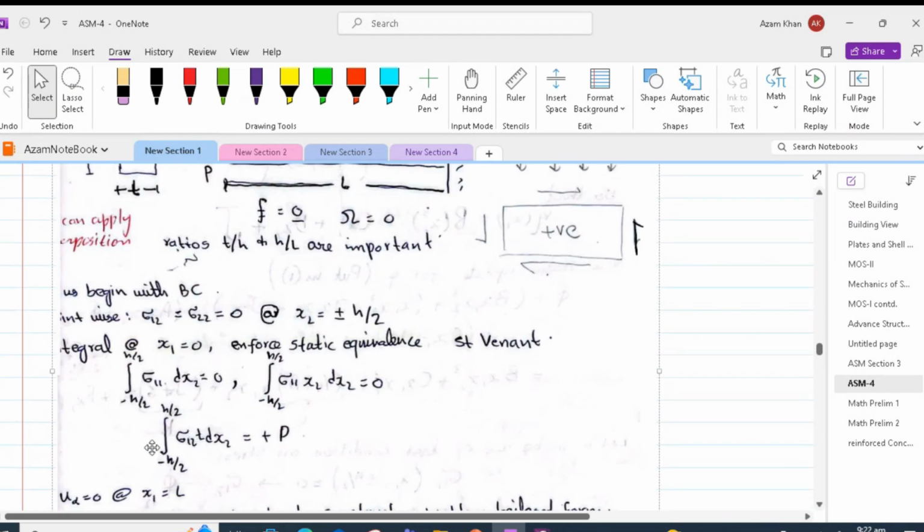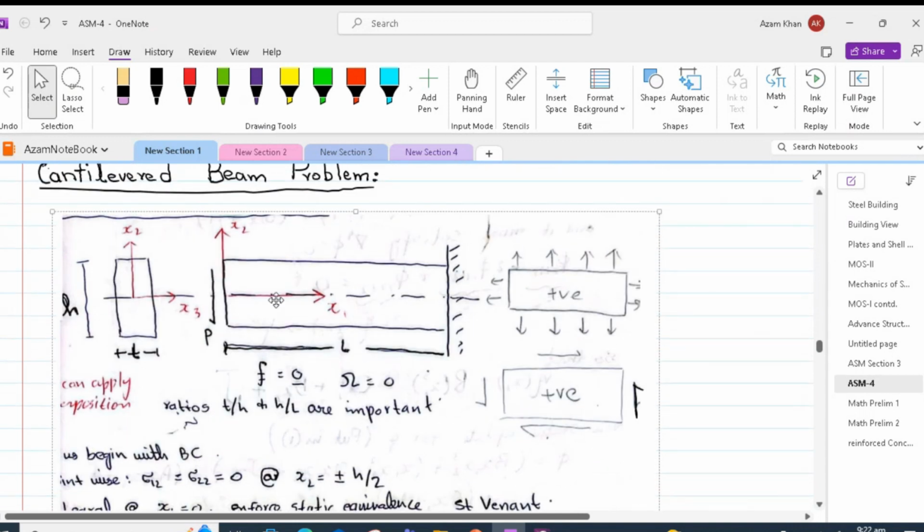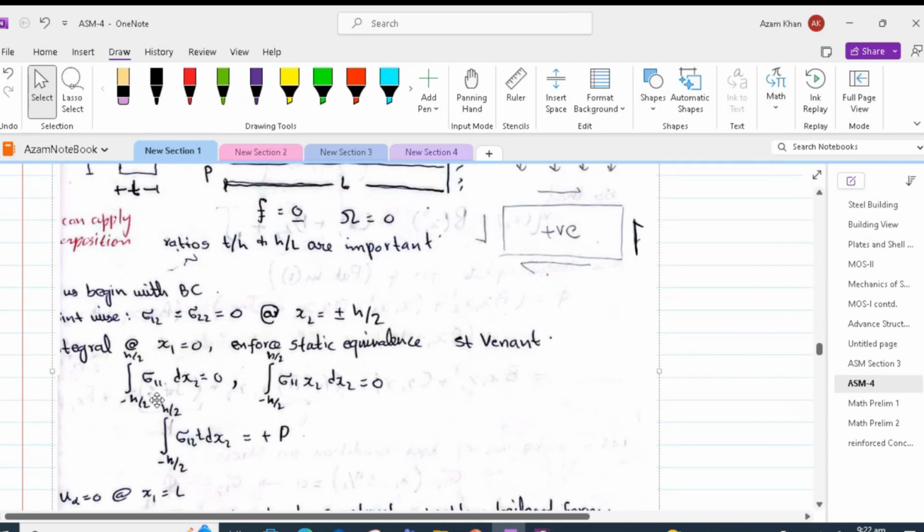This is similar to what we did previously, so it should be straightforward. The reason we can apply this boundary condition is because of the static equivalence, and that should be kept in mind. Similarly, at x1 equal to 0, we have the integral of sigma 11 times t dx2 equal to 0.